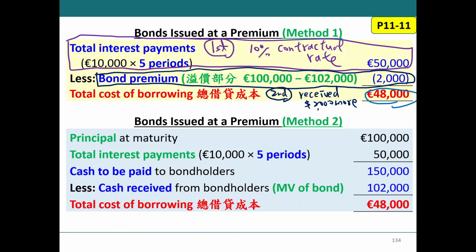In the beginning it was $50,000, but because of your second cost of borrowing, your cost decreased by $2,000. So in the end your total cost of borrowing is only $48,000.